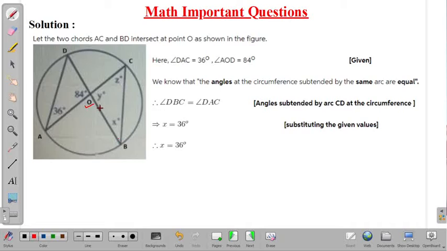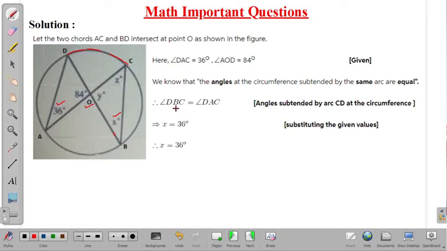And we know that angles at the circumference subtended by the same arc are equal. So if we consider arc CD, then the angles subtended by it on the circumference of the circle are DAC and DBC, that is, angle x and 36 degrees.